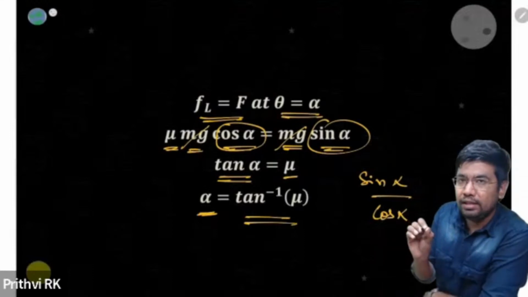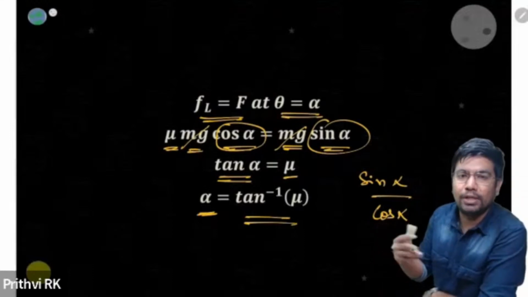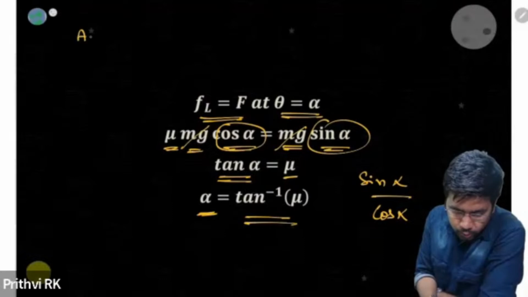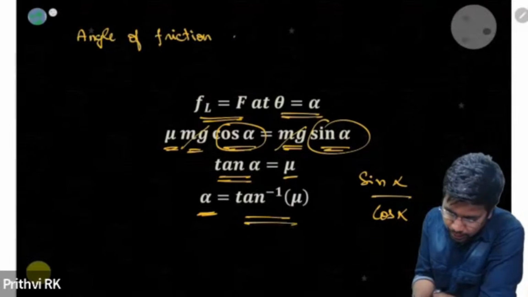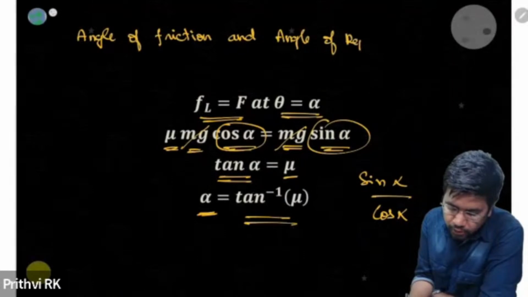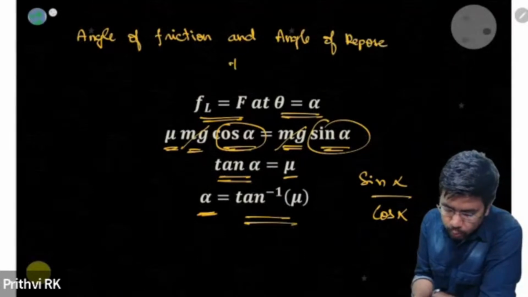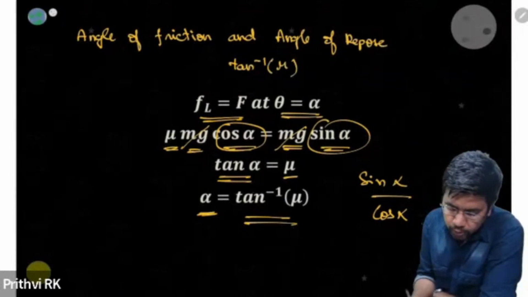So when you look at it as a concept, it is different. But both angle of friction and angle of repose are tan inverse of mu only.